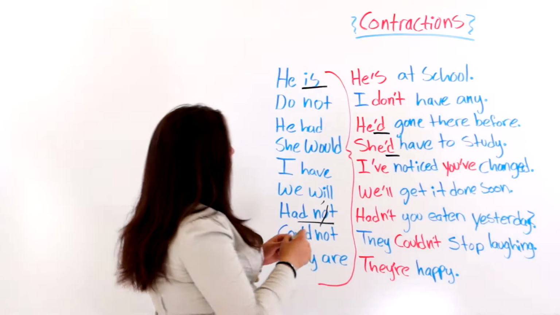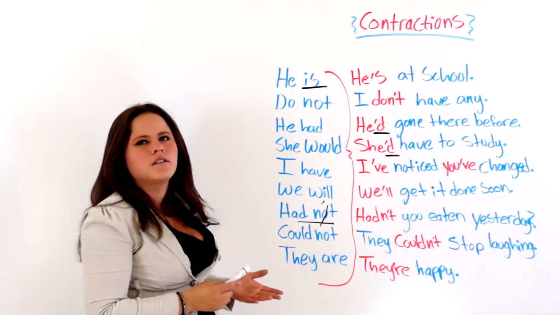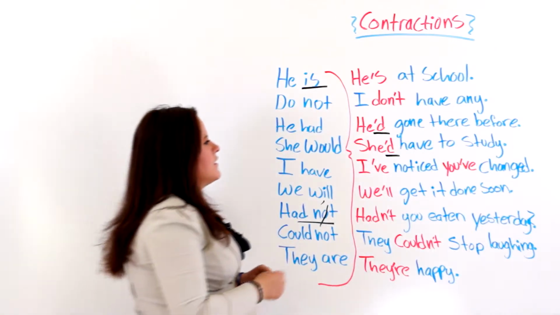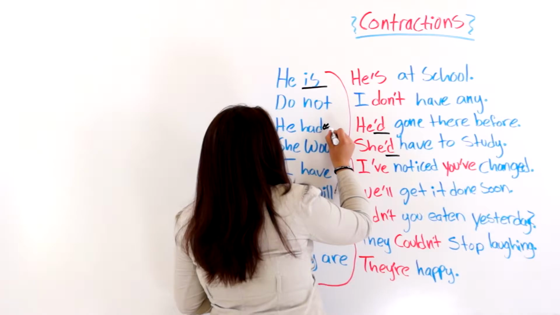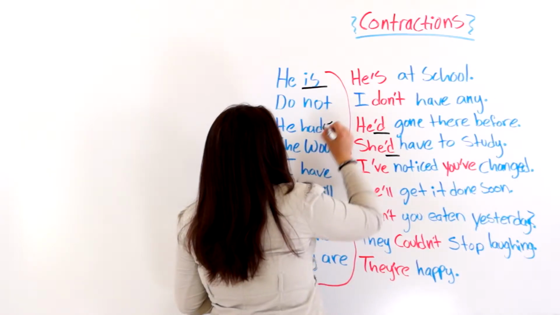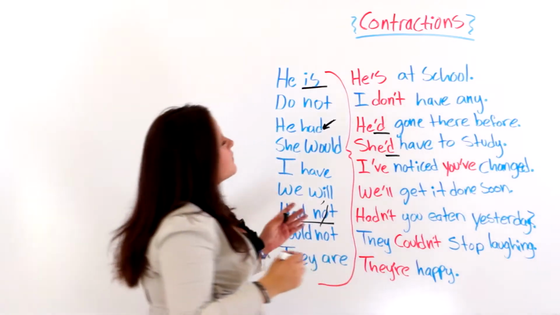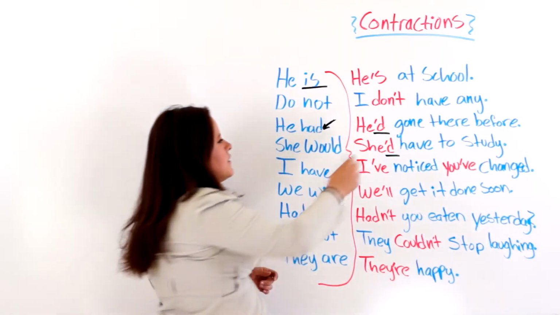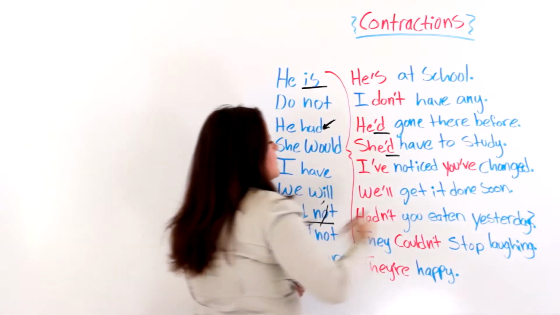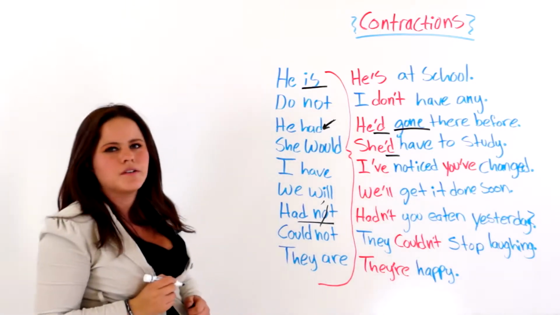How do you know if it's had or if it's would? How would you know that? That's right. For example, right here, you know that when you use had, it's always in a perfect tense, right? Present perfect, past perfect. All right? So you know that when you use had, you use it in perfect tenses, and you need a verb in past participle, okay?